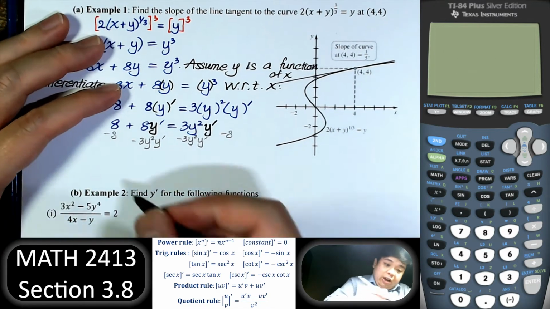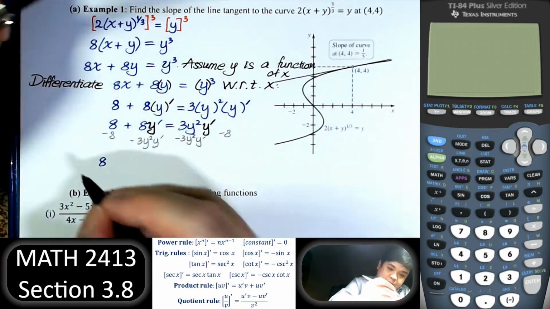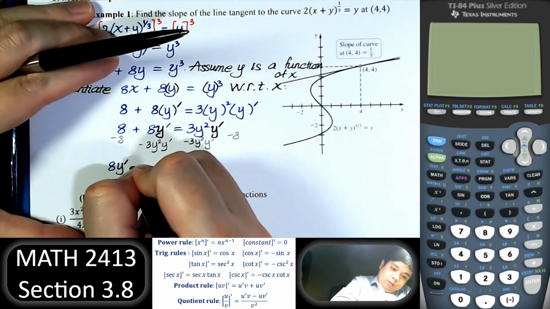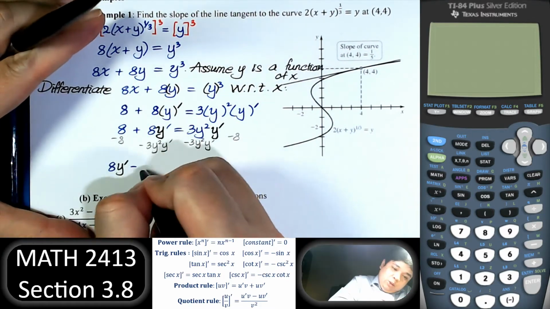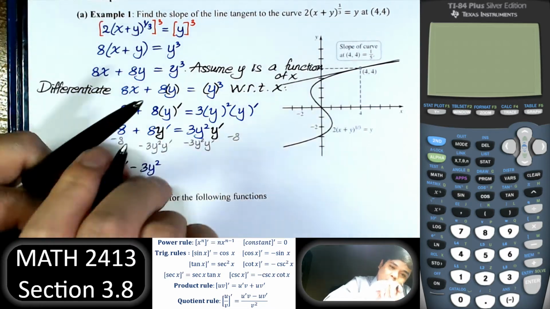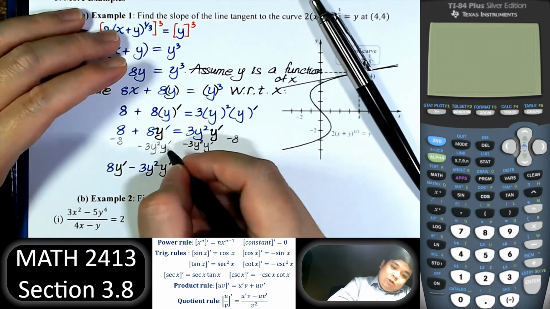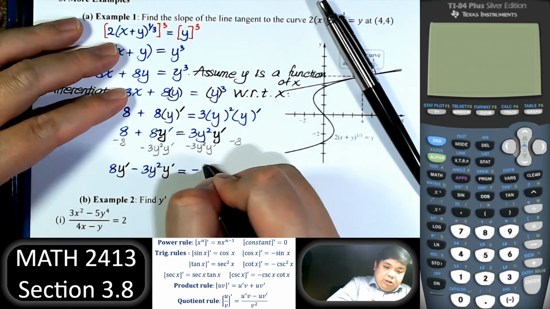So we have 8y prime minus 3y squared y prime equal to negative 8.